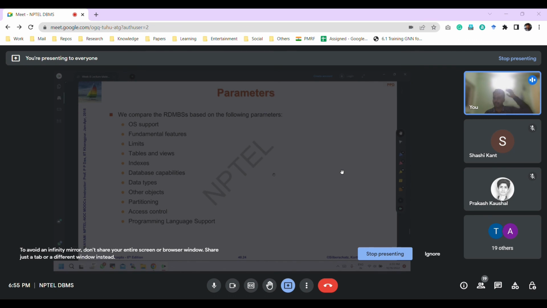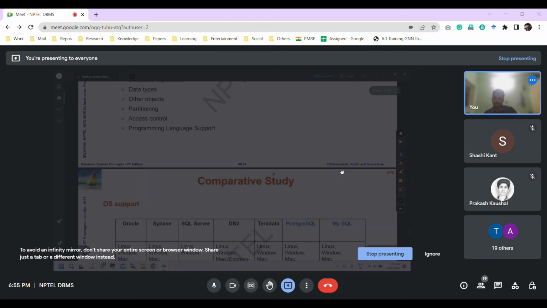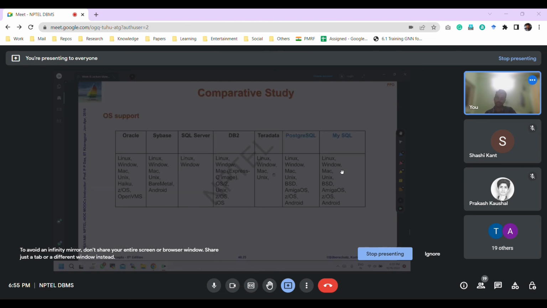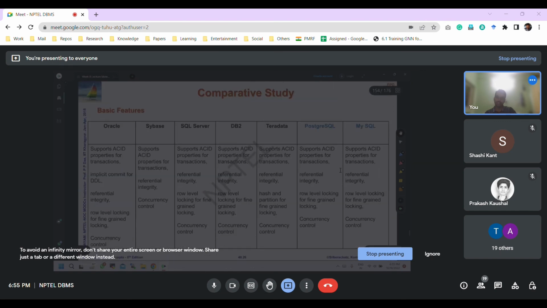Then there are parameters. So we should have OS support, fundamental features, limits, table views, and all. Then there is the comparative study, with basic features. I'm looking at this Oracle one.